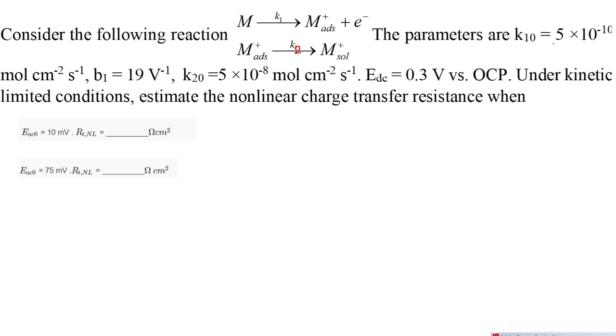Kinetic parameter K10 is 5 into 10 to the power minus 10 mole per centimeter square per second, and B1 is 19 volt inverse. K20 is 5 into 10 to the power minus 8 mole per centimeter square per second. EDC is 0.3 volt versus OCP. What is the nonlinear charge transfer resistance? Can anyone tell me what's the formula first?